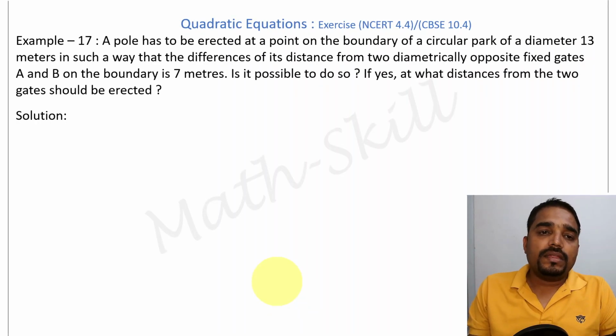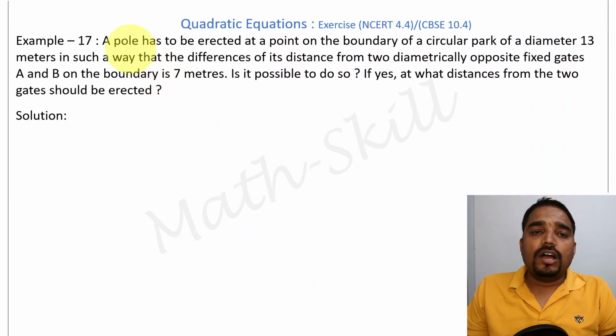So here the expectation is that a pole is to be erected on the boundary of a circular park of diameter 13 meters, in such a way that there are two diametrically opposite gates which are fixed. The gates are A and B on the boundary. The distance of the pole from both the gates should be such that the difference of its distances from both the gates is 7 meters.